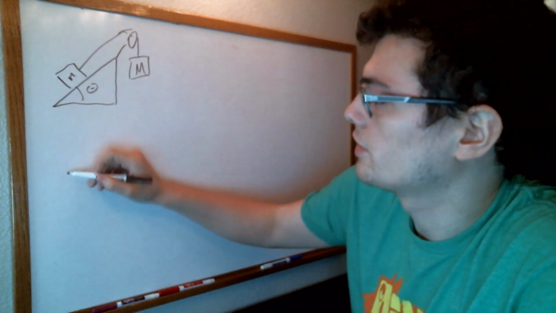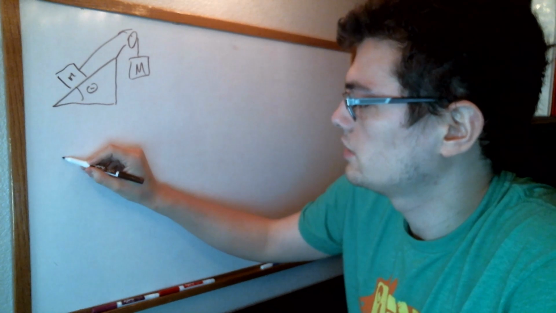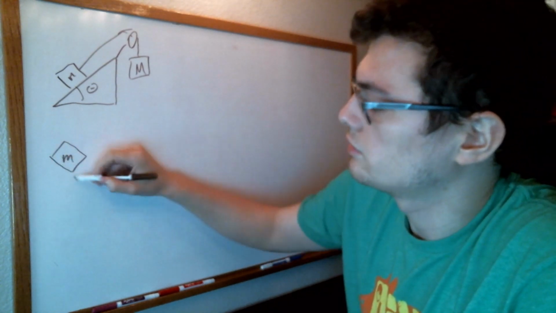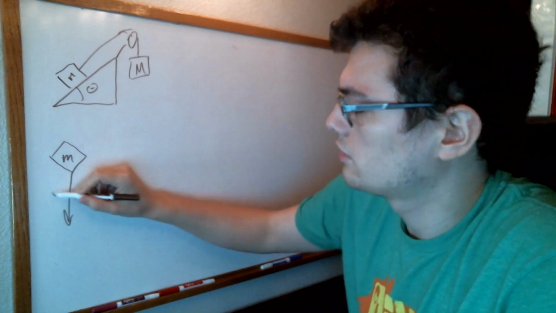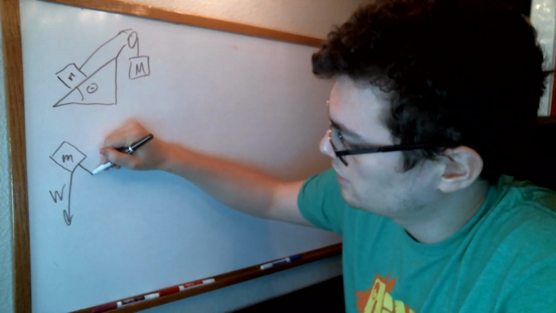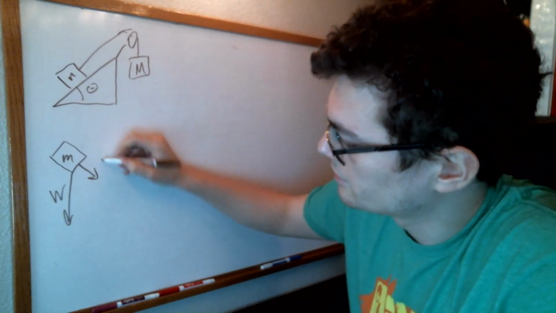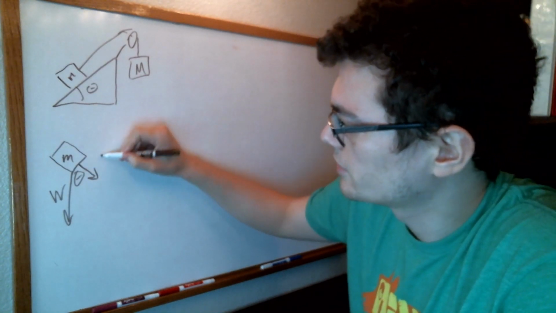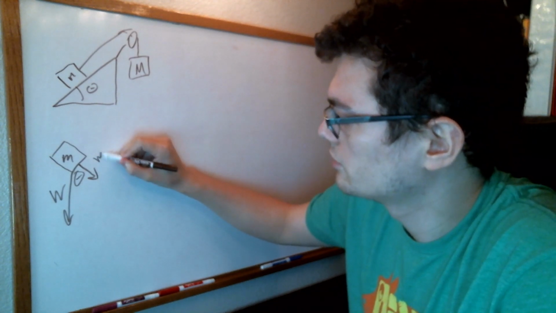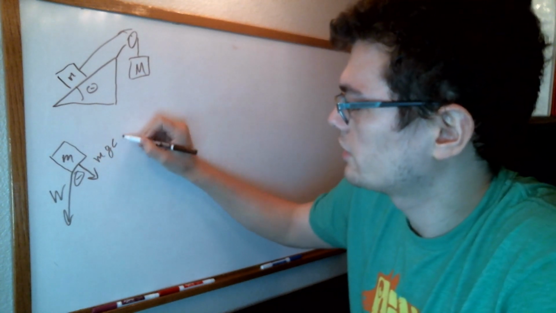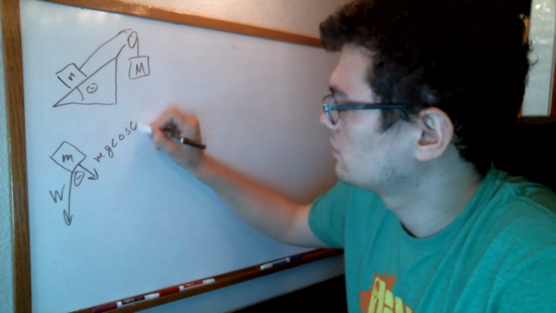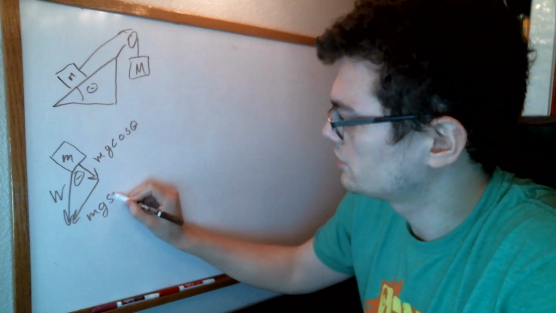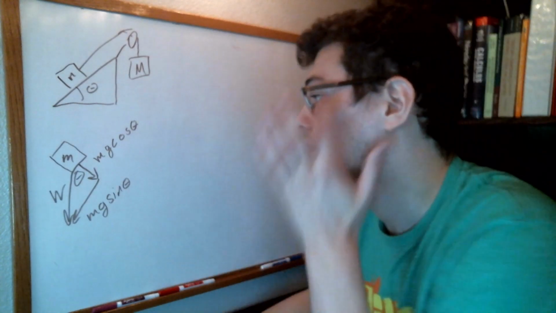So free body diagram 1 for mass M is we'll have M here, and we'll have the weight going down, and then we can break this down into its components. This is going to be theta here, so this is going to be adjacent, so this is going to be equal to mg cosine theta, and this one will be mg sine theta.